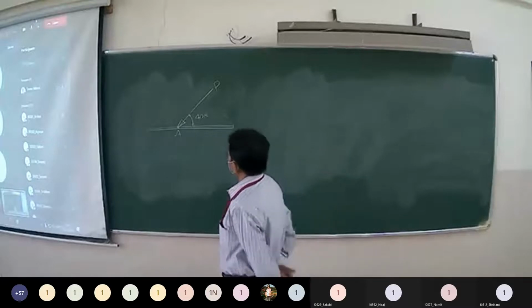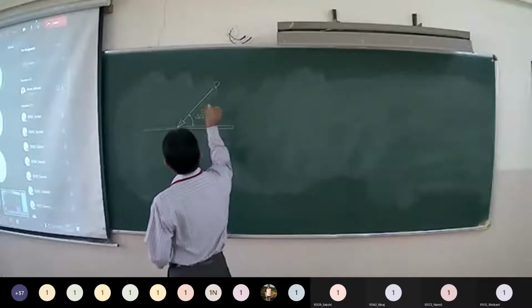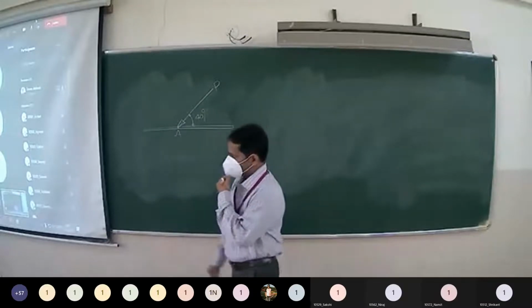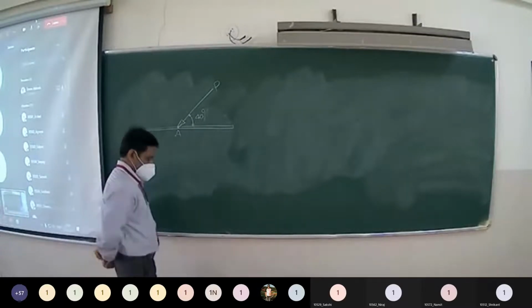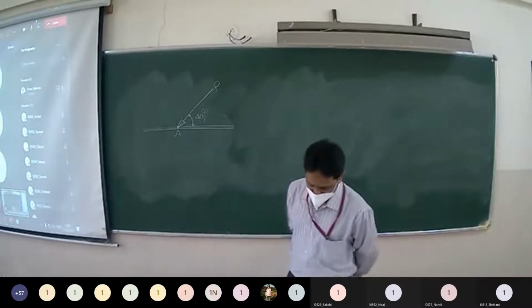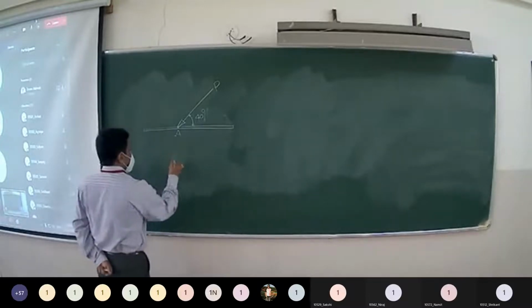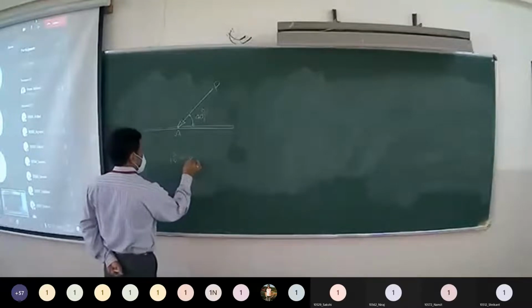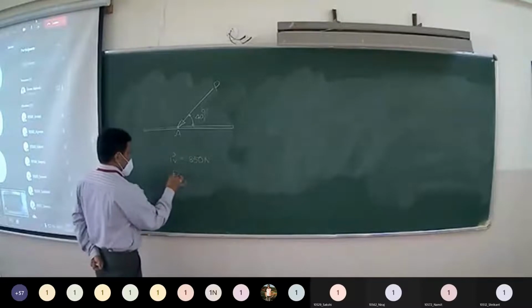So here P is making an angle of 40 degrees with respect to the rod and acting at point A. So what you have to find out, and what is given? It is given that the vertical component is 850 Newton, and you have to find out the magnitude of force P and its horizontal component.